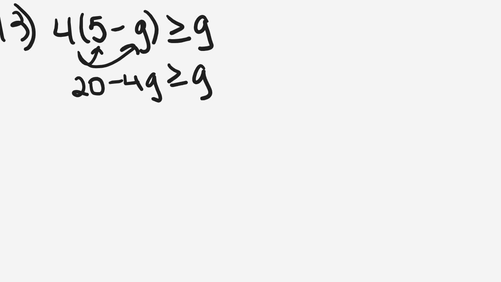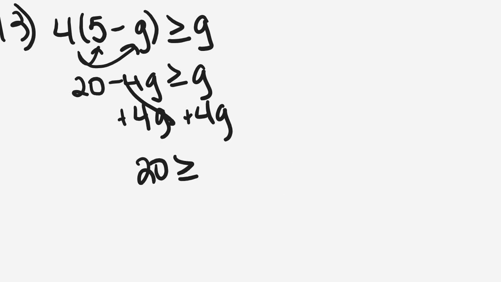We want all the letters on one side and all the numbers on the other, so I'm going to go ahead and move g to be with his friend over here. All right, so plus 4g plus 4g. Those cancel out. We still have 20 over here. And we have 1g plus 4g's, which is going to be 5g. All right, now that g's still not by himself.